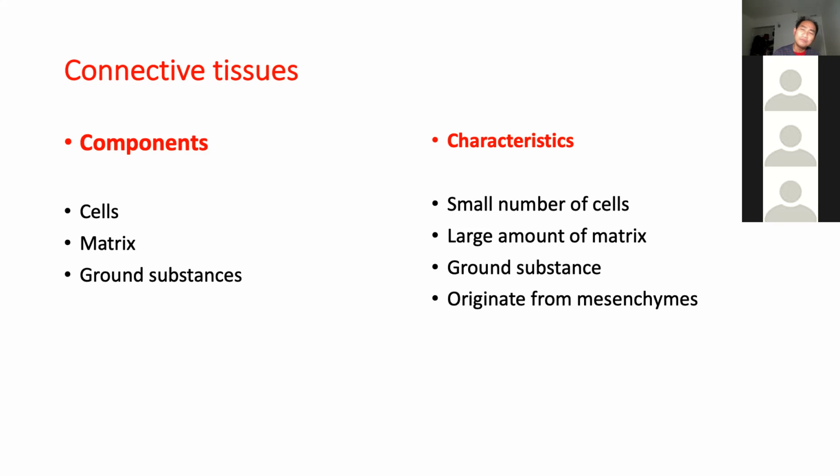Because you have seen bone every day. And what is a bone? A bone is a connective tissue. But it is not just a simple connective tissue, it is specialized, and therefore bone is a specialized connective tissue, which is made of cell, matrix, and ground substances.